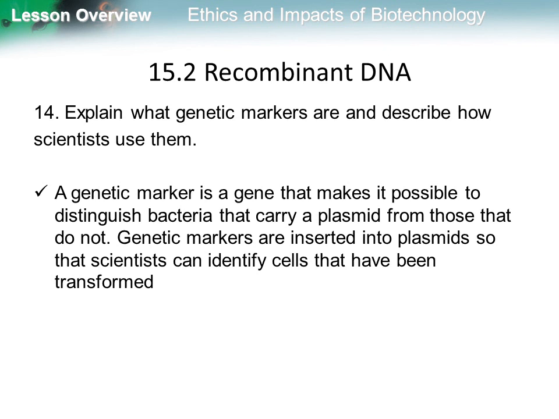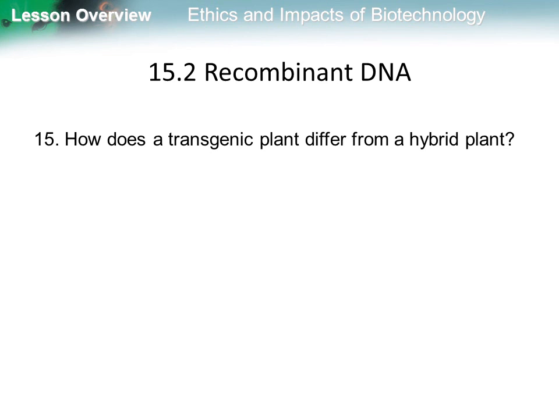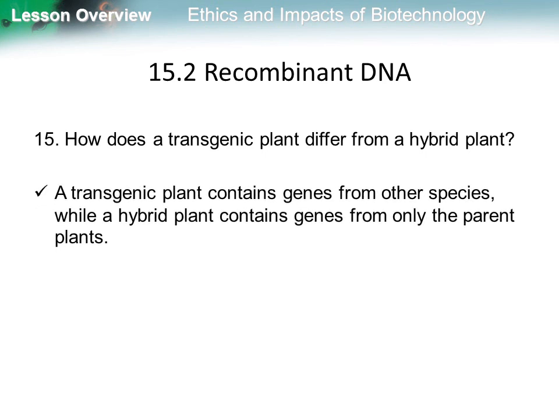Genetic markers are inserted into plasmids so that scientists can identify cells that have been transformed. How does a transgenic plant differ from a hybrid plant? A transgenic plant contains genes from other species, while a hybrid plant contains genes from only the parent plants.